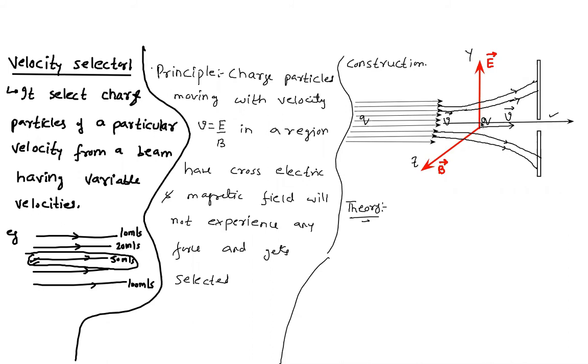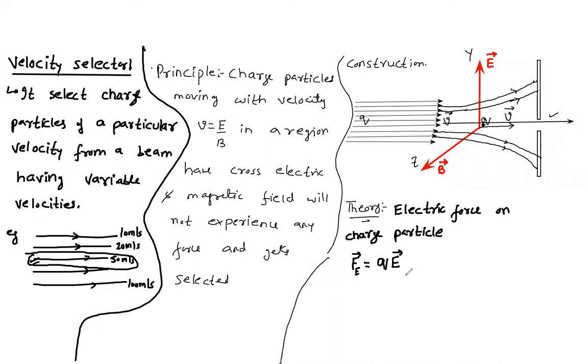For this, say this is a positively charged particle. This charged particle is in a region of electric as well as magnetic field. So the electric force on the charged particle, Fe, is QE.